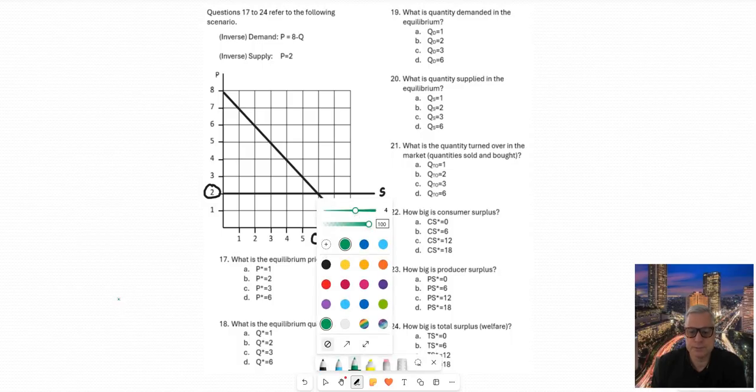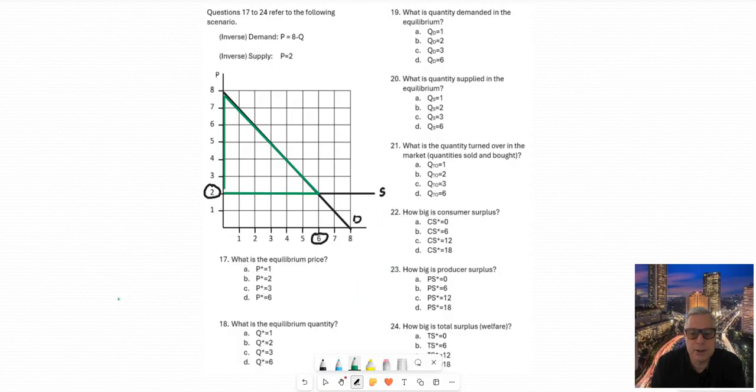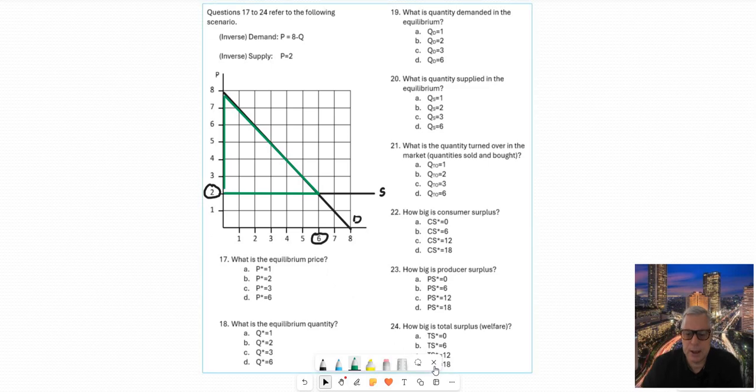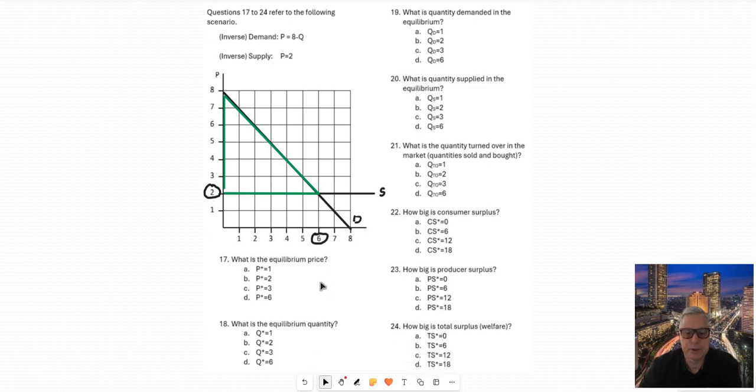So everything is total welfare is consumer surplus, and so that is this area here, and this is 6 times 6, 36 over 2, 18. And so there's no producer surplus.